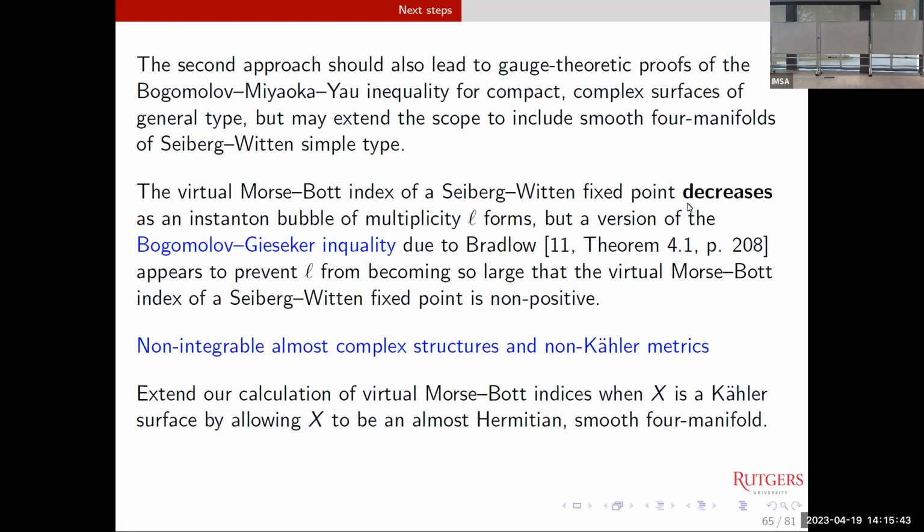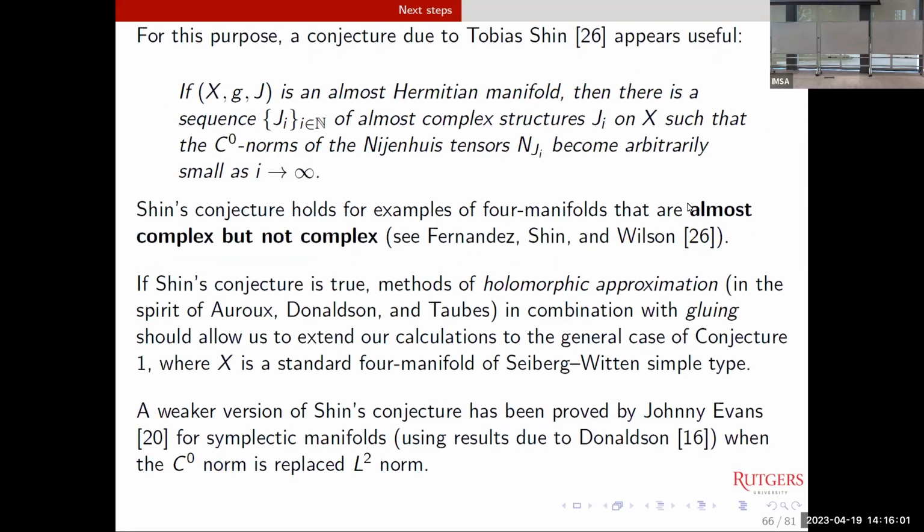But aside from non-compactness, there's another issue, which is rather tricky. If you're on an almost complex manifold, well, it's not complex, so you can't use complex techniques. At this point you might think about trying to use some version of holomorphic approximation.